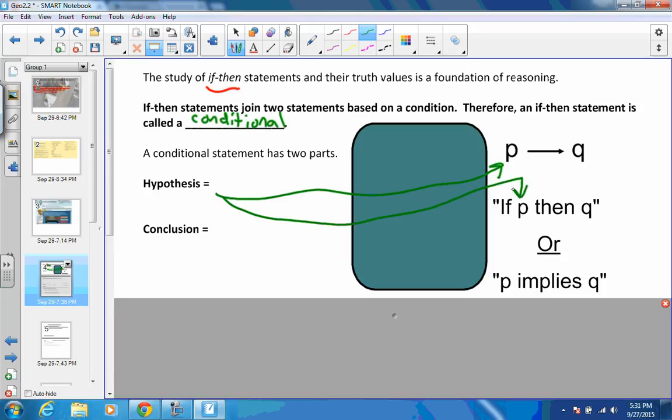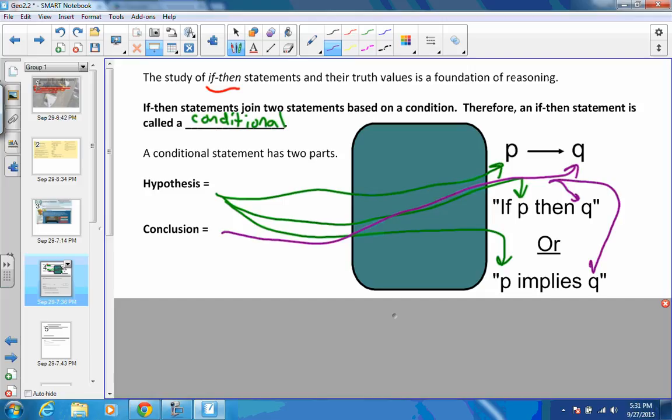If P, then Q. The conclusion then would always be the part at the end, or after the then. So if you see this box here, this P arrow Q, it's read if P then Q, or it's also read P implies Q. So that's where the hypothesis and conclusion come in here.